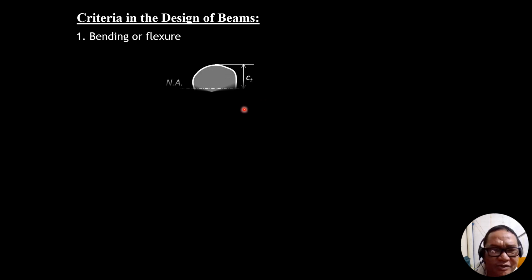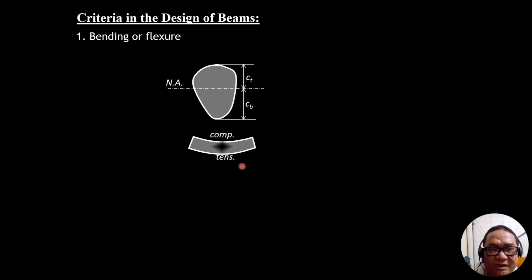We have here a section in general, and once the neutral axis has been located, the distance to the upper fiber is denoted by C sub T, C sub top, and from the neutral axis to the bottom, C sub B. And remember, the positive bending would be smiley as shown in the figure, where the top fiber is in compression and the bottom fiber is in tension.